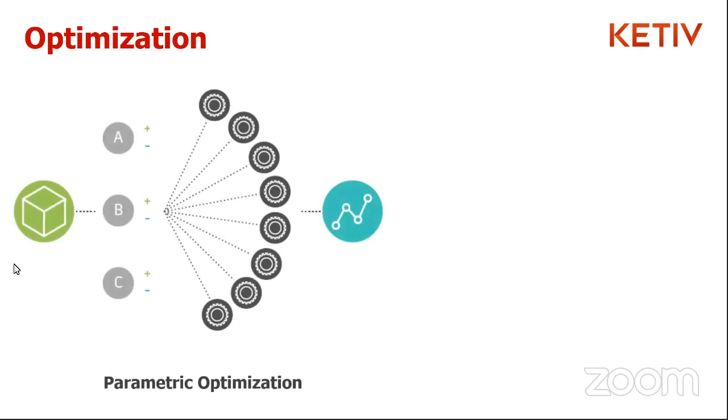Now, optimization in Moldflow takes two forms, right? The first one is called parametric optimization, and that focuses almost exclusively on geometric variables.